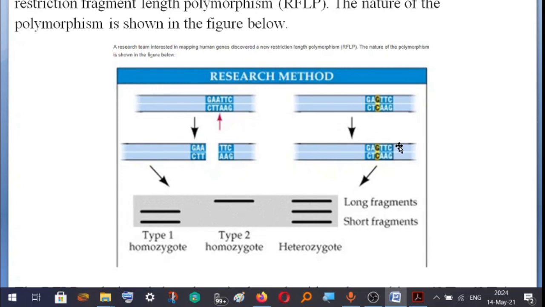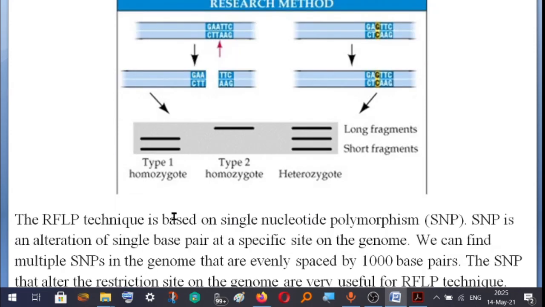The restriction site changes and it becomes inaccessible for the restriction enzyme. However, if there is no SNP, then the restriction site is as usual and it can be attacked by the restriction enzyme, and we would be seeing 2 bands.